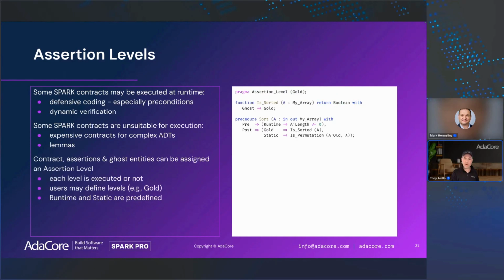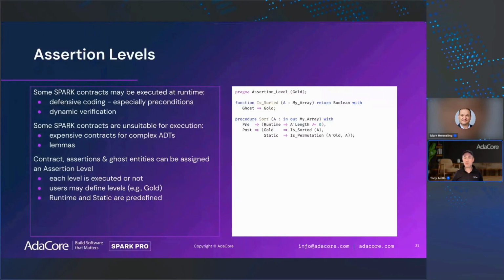You have to keep all of your ghost code or none of it. What we're bringing to you in Spark 26 is the possibility to assign assertion levels to contracts, assertions, and ghost entities. And this gives you the ability to determine whether each level is executed or not. So you can define your own level, for example, gold, and we give you a couple of levels, runtime and static, that are predefined.